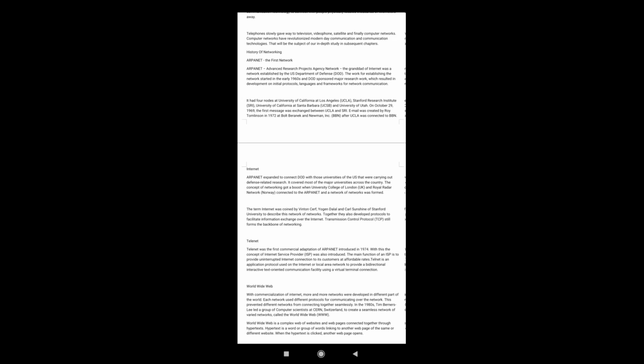Now, what is Telnet? Telnet is an application protocol used on the internet or local area network to provide a bidirectional, text-oriented communication facility using a virtual terminal.